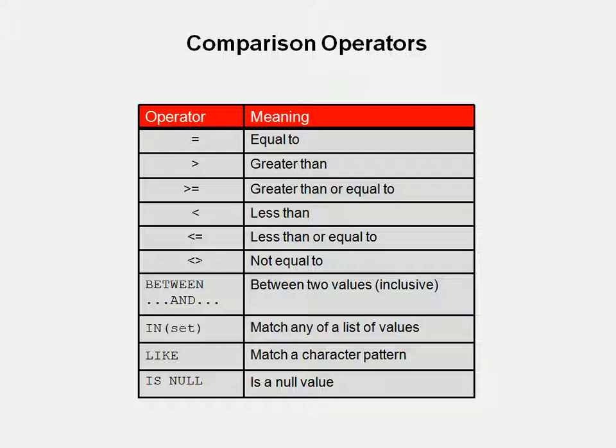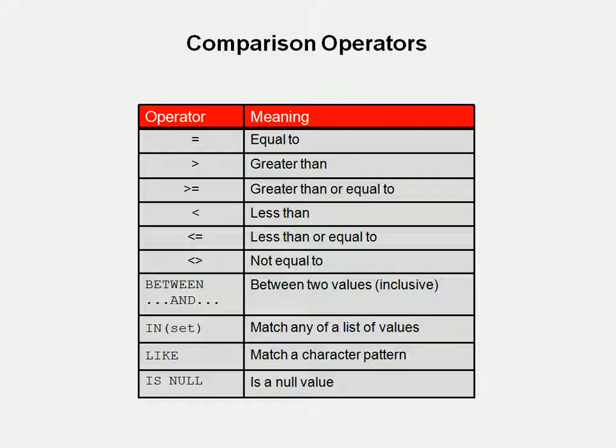In, what IN is used for, what LIKE is used for, and IS NULL. Clear? We will discuss between and, not in, like, not like, is null, is not null. We will discuss the different types. Okay. So equal, greater than or equal to, less than or equal to, they all are almost clear to you guys.